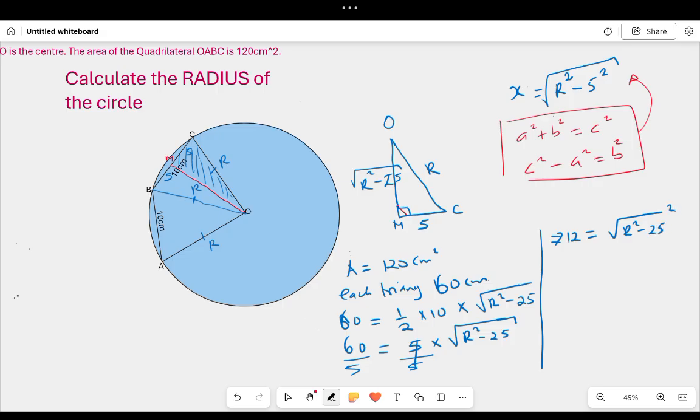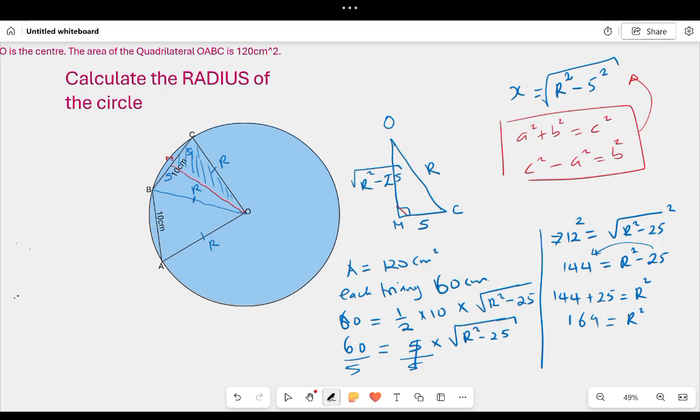We square both sides to get rid of the square root, which is going to be 144 is equal to r squared minus 25. Now moving 25 to the other side, it's going to be 144 plus 25 is equal to r squared. So 144 plus 25 is 169, equal to r squared.